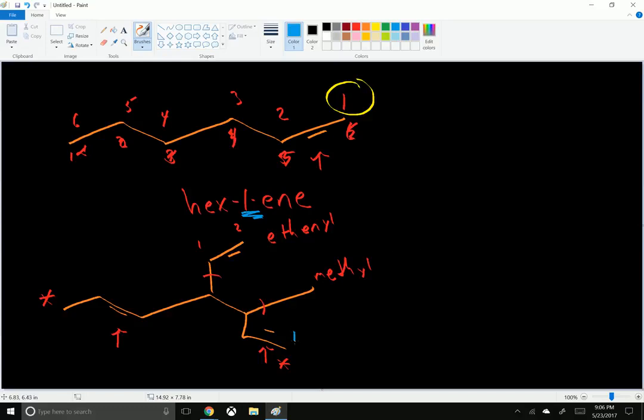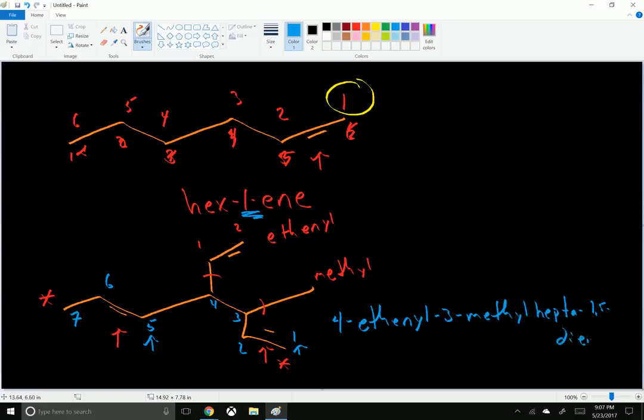All right, so we're numbering from here. 1, 2, 3, 4, 5, 6, 7. So our molecule here is a 4-ethenyl, 3-methyl, hepta-1,5-diene.